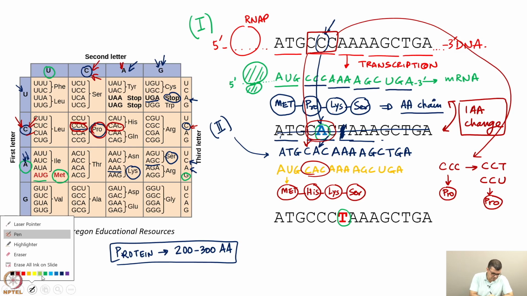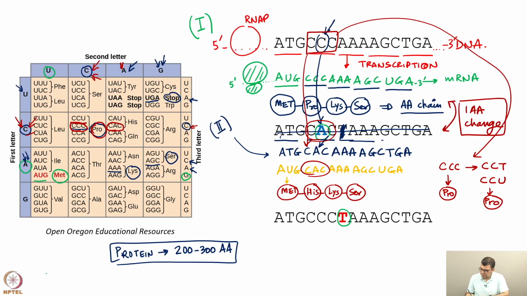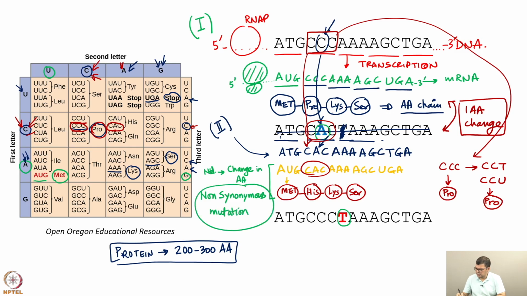These types of changes have a name. This type of change where a nucleotide change leads to a change in amino acid is called a non-synonymous change. This is a non-synonymous mutation.